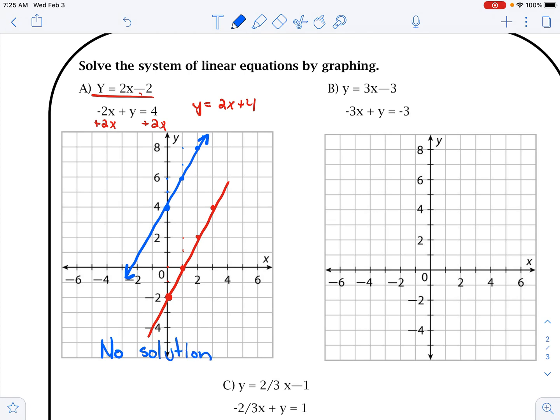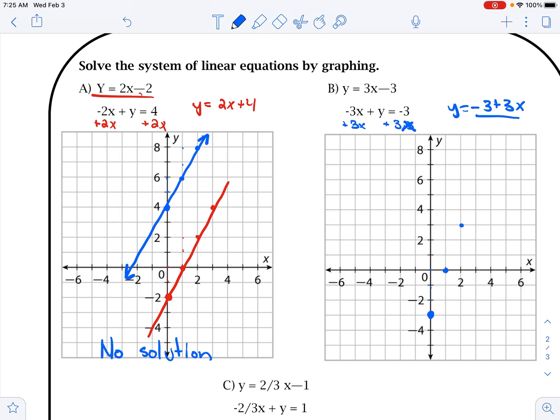Last one I want to go through. Again, we're going to solve for y here. So I add 3x to each side, and I get y is equal to negative 3 plus 3x. We'll graph this line right here. My y-intercept is negative 3. My slope is 3, up 3, over 1. Up 3, over 1.